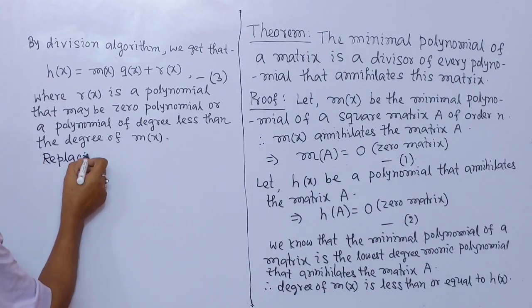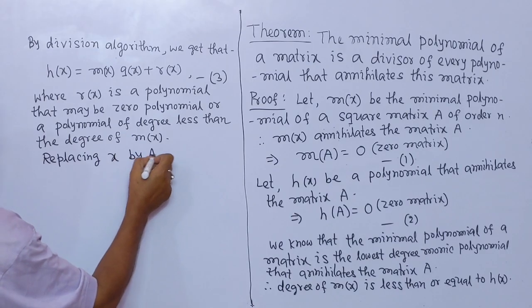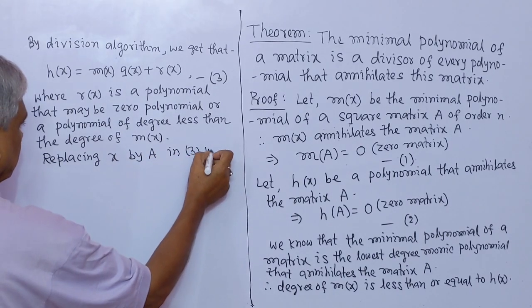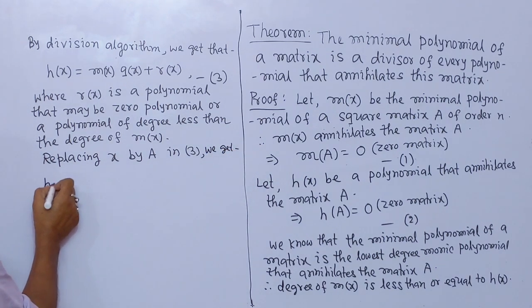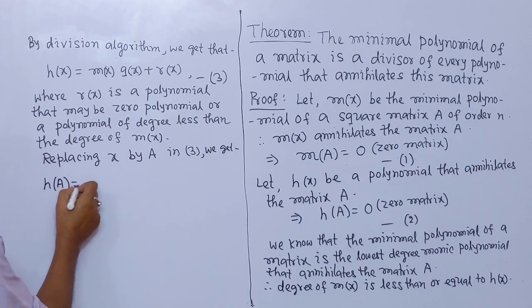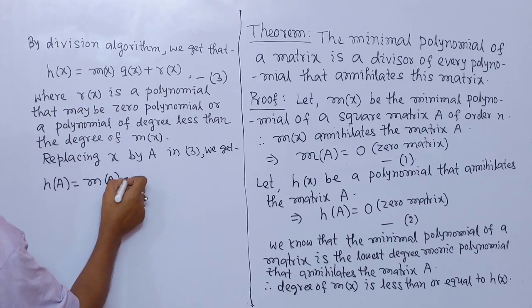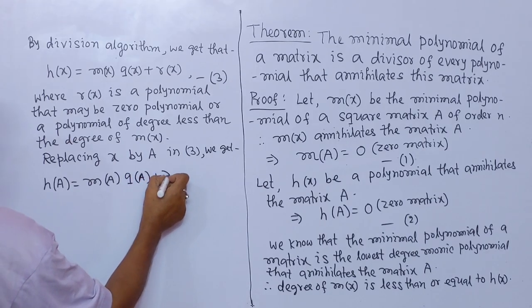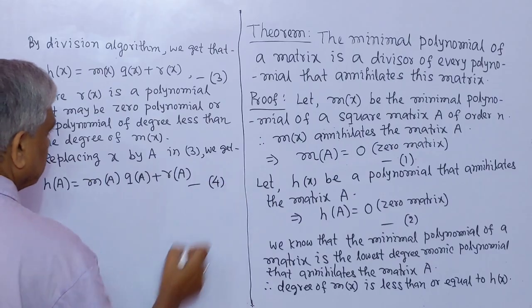Replacing x by matrix A in number 3, we get h(A) equal to m(A) multiplied by q(A) plus r(A). This is number 4.